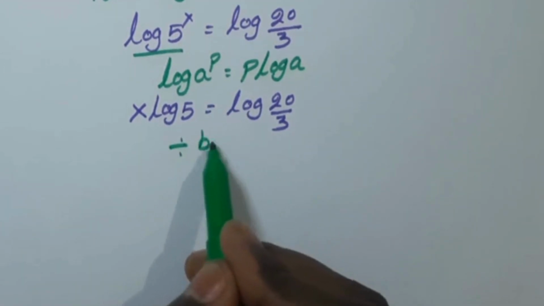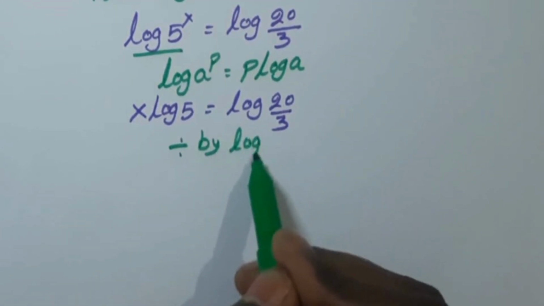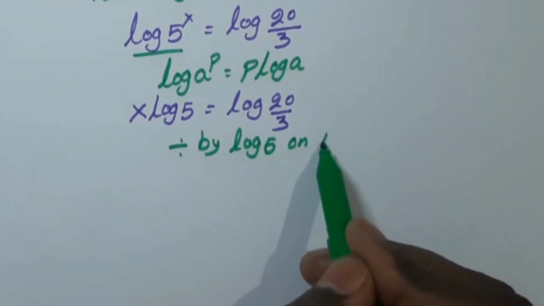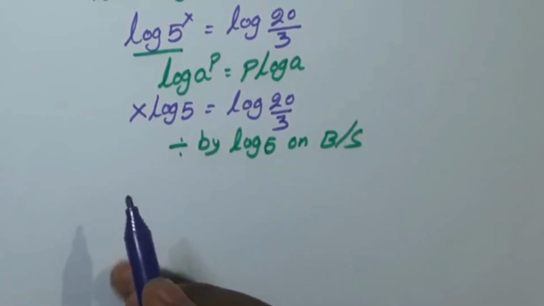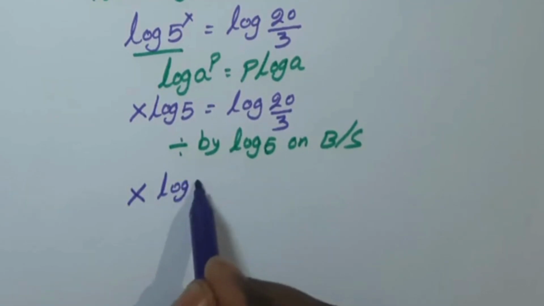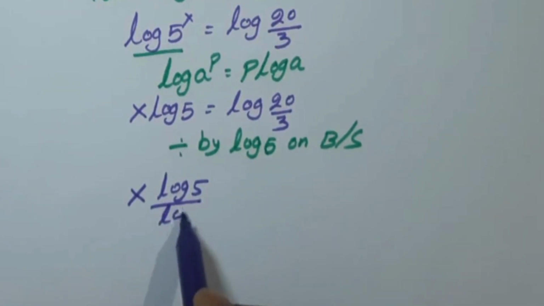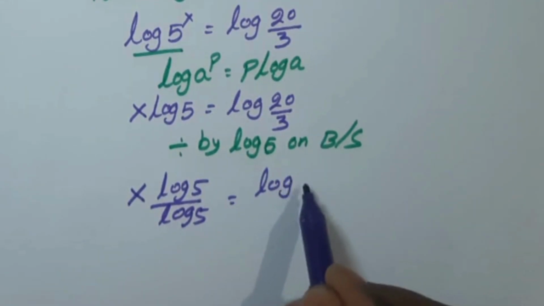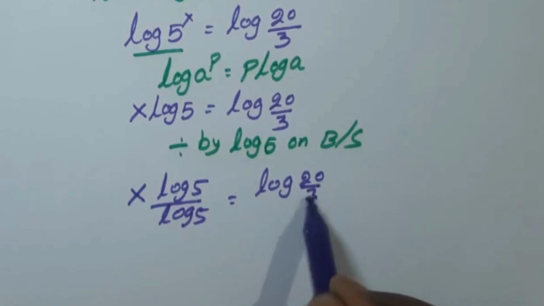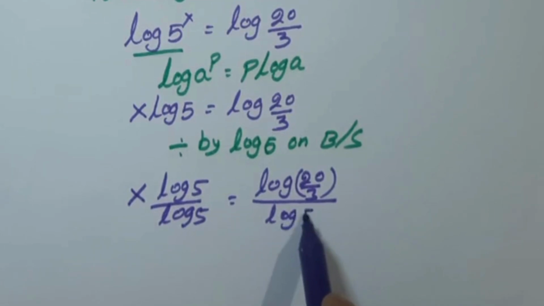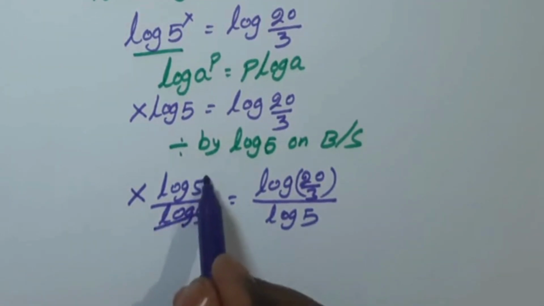Divide by log 5 on both sides. So x log 5 by log 5 equal to log 20 by 3 by log 5. This log 5 cancels this.